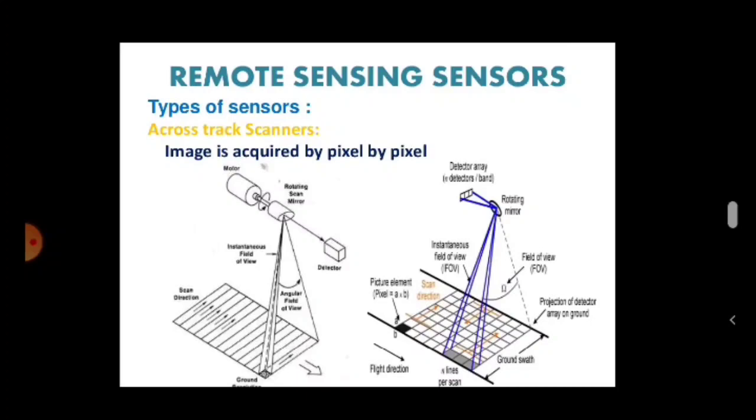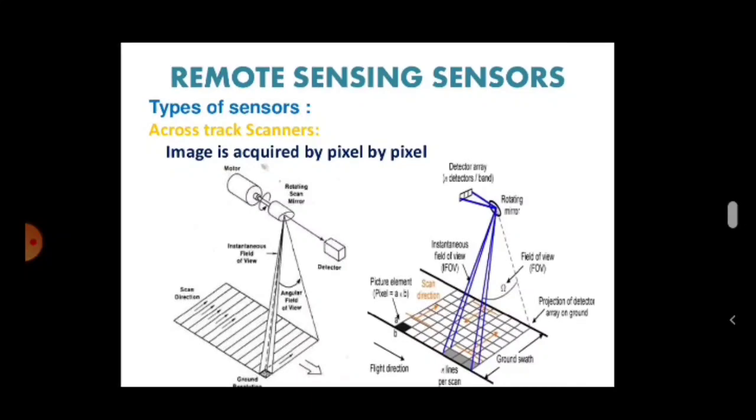Internal detectors are there in this type of scanner. They are sensitive to a specific range of wavelengths and detect and measure the energy for each spectral band, and filters are used to restrict the wavelengths.